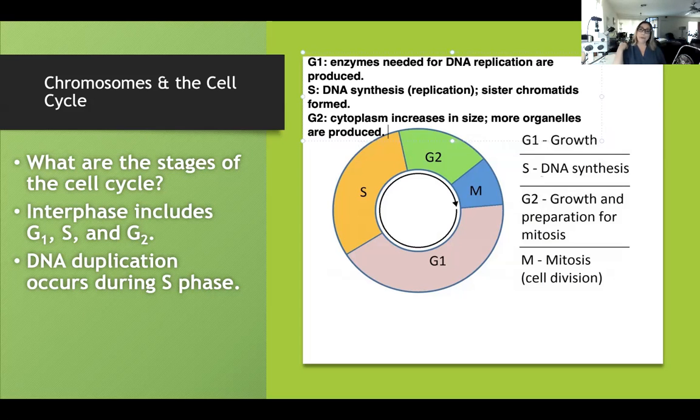So during G2, the cell actually gets larger. There are more organelles, more cytosol, more of all the stuff that you find inside the cell. Not an extra nucleus, but mitochondria, ribosomes, all that kind of stuff increases in number. That is so that when the cell divides in half, those 2 daughter cells have the same amount of stuff as the original.